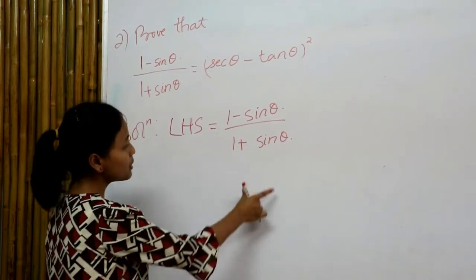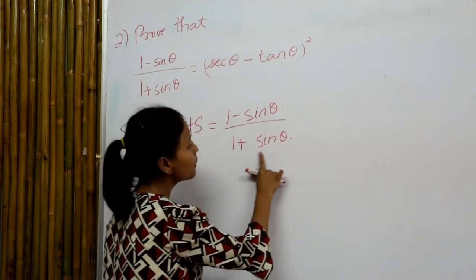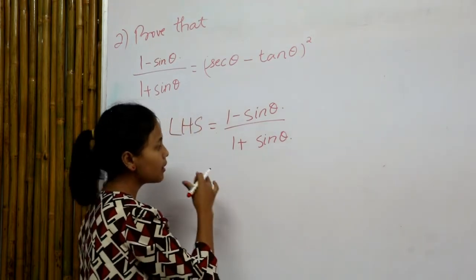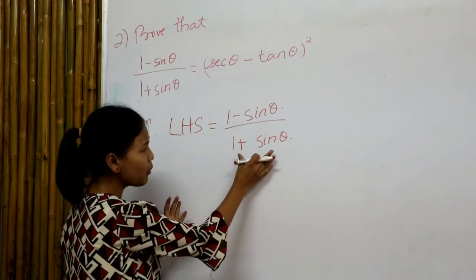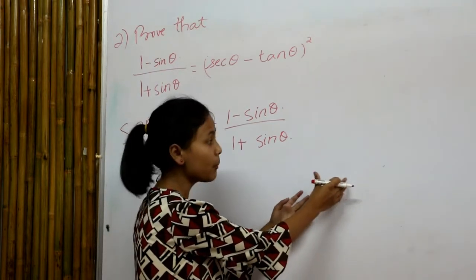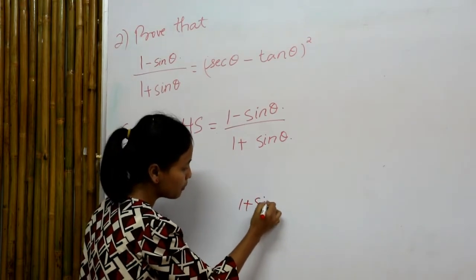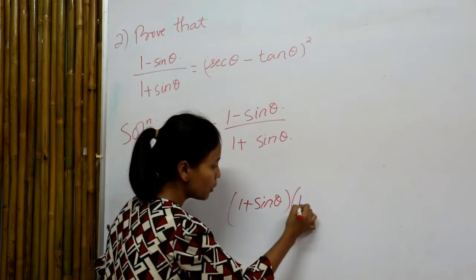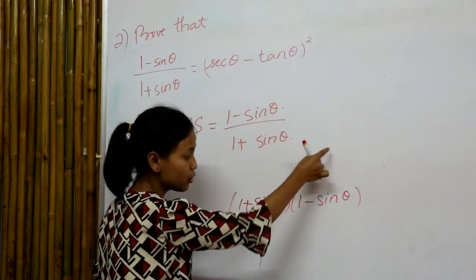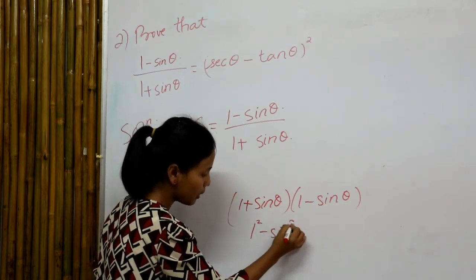Okay, so what will you do? You see here that there are two terms here. Alright, so we have to make it easy to solve this one. Let us check. We know that a plus b into a minus b is a square minus b square. Alright, so if I multiply 1 plus sin theta into 1 minus sin theta, both numerator and denominator, then I will get 1 square minus sin square theta.